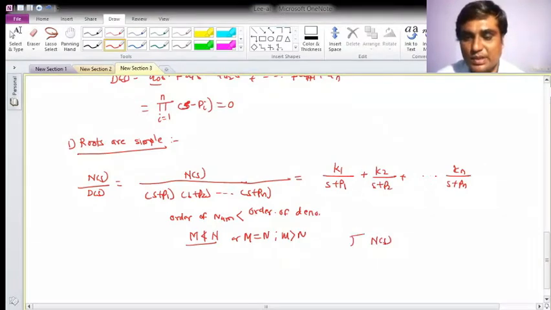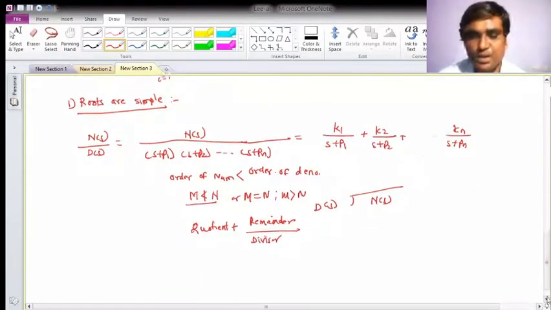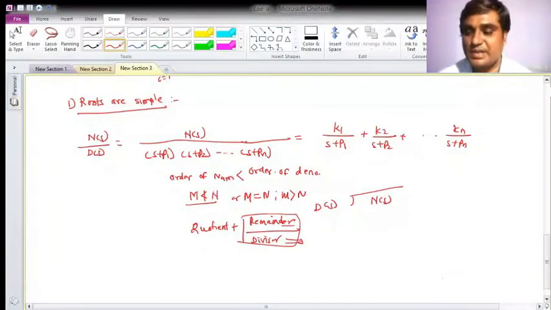You divide the numerator by the denominator, right? You will get a quotient plus some remainder divided by the denominator. Now you will find that the order of the denominator will definitely be greater than the order of the numerator, and then you can use the partial fraction.